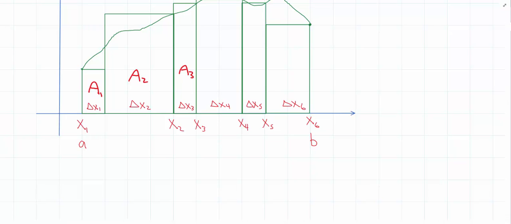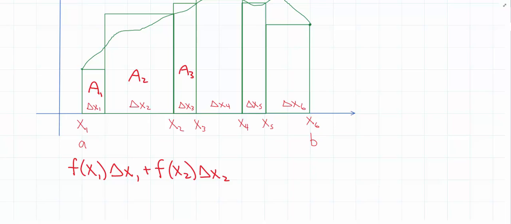Now remember what we did: I'm going to add up all these areas and try to figure out the approximation for the area under this curve. The first rectangle is f of x1 times delta x1. The second rectangle, of course, is f of x2 delta x2.